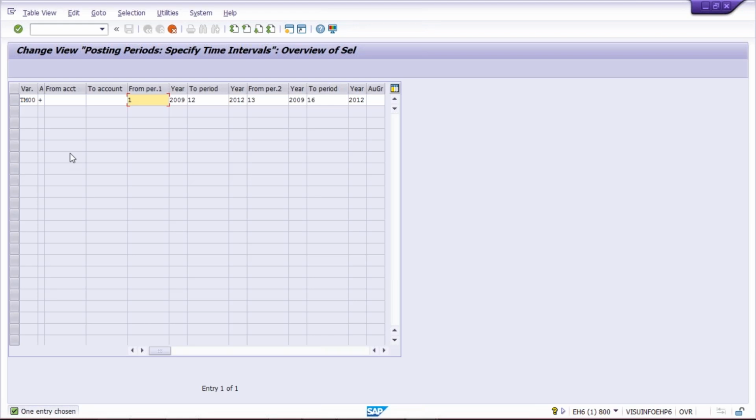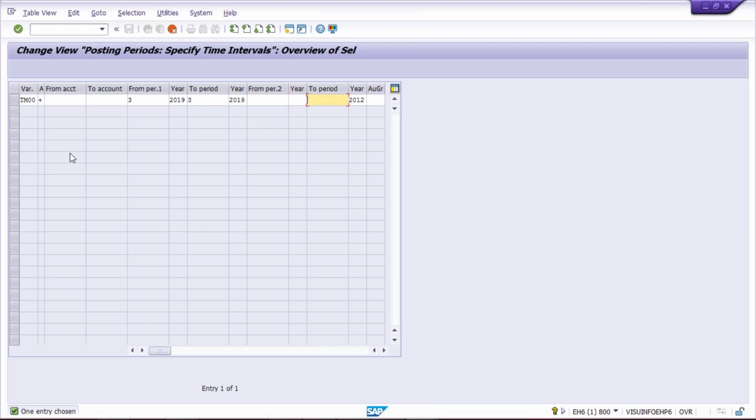Let's suppose we are using calendar year, in the sense we are following January to December. Which period right now? It is March. So I'm going to give period number 3, 2019 to period number 3, 2019.